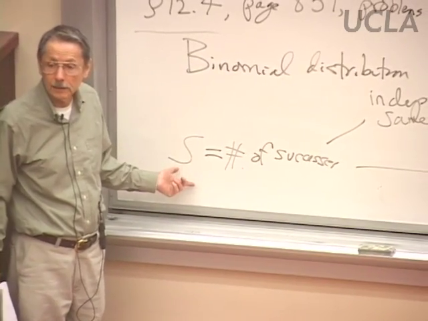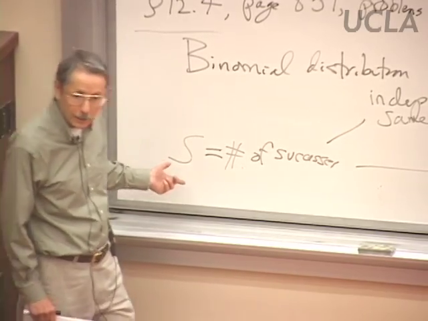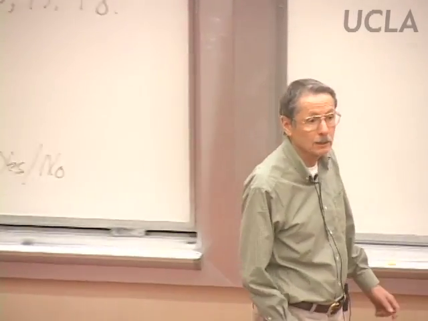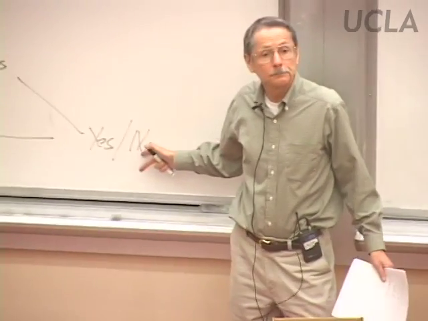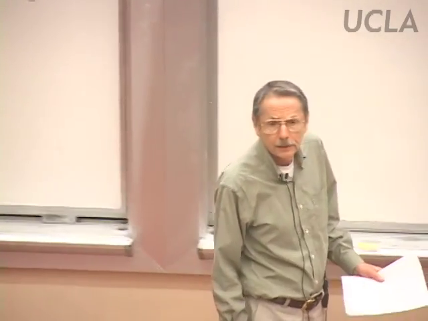Instead of counting the number of successes, we could count something else, namely how many trials you need to get that first success. Perhaps the probability of success is very low, and we're interested in how many trials we expect to need to get our first success. Well, first let's try changing from yes-no trials to three-way.